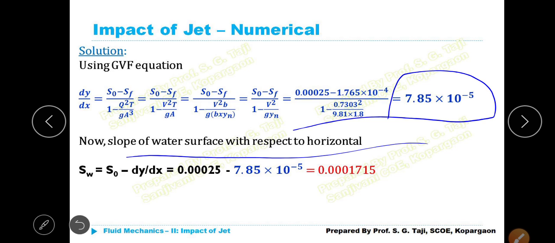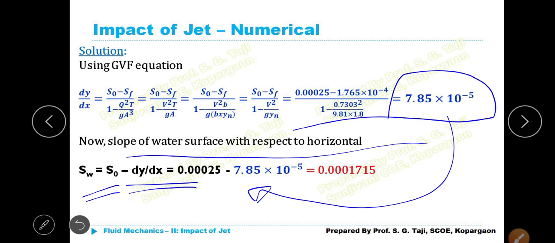Now slope of water surface with respect to horizontal, SW is equal to S0 minus dy by dx, 0.00025 minus 7.85 multiplied by 10 to the power of minus 5. That gives you 0.000175.